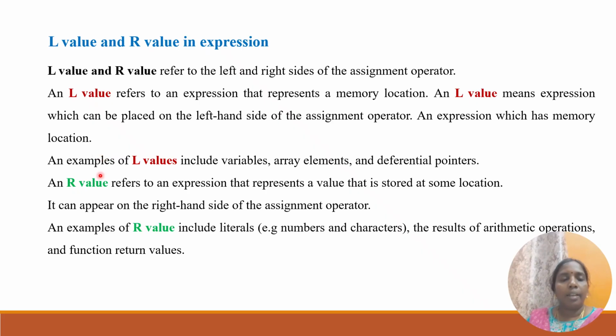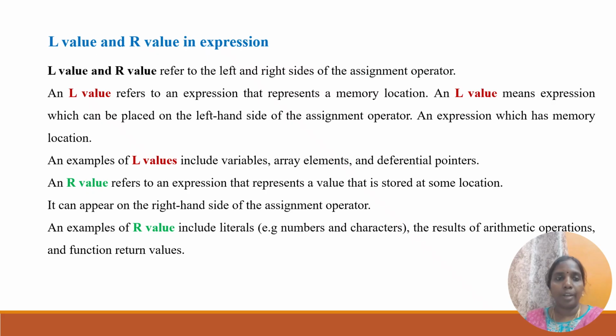Next is L and R values in expressions. L and R values are the left and right sides of the assignment operator. An L value refers to an expression that represents a memory location and can be placed on the left hand side of the assignment operator, and an R value is placed on the right hand side.